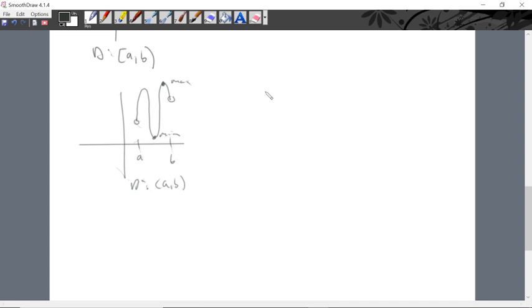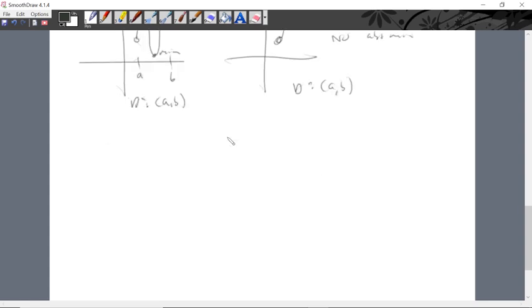Because of course, we could have a function that's open here and open there, and it could do something like that, and in that case we have no absolute max and no absolute min. All right, so the closed interval is the point. We need the closed interval in order for the extreme value theorem to guarantee the absolute max and absolute min.